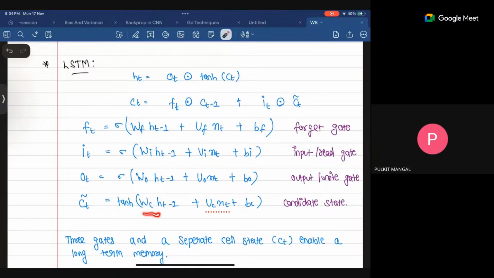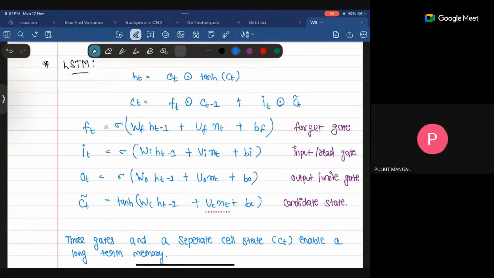See, this FT here will be whatever the left dimension of W is. So if, as you are saying, let's say it is the dimension A times B, now what will be the dimension of F? A, right? And this F will be doing the element wise multiplication with this CT minus 1.